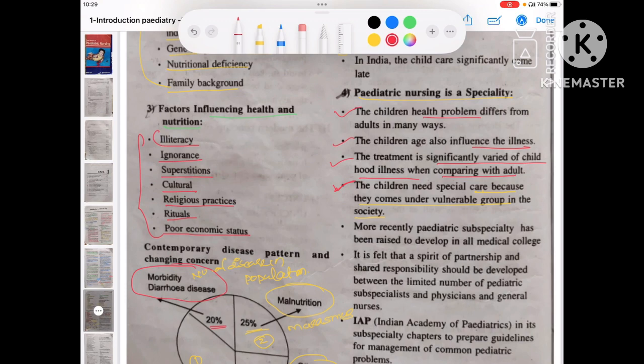Then, more recently, pediatric specialty has been raised to develop in all medical colleges. So if you go to any medical college, there will be a pediatric section. And it is felt that a spirit of partnership and shared responsibility should be developed between the limited number of pediatric subspecialists, physicians and general nurses.